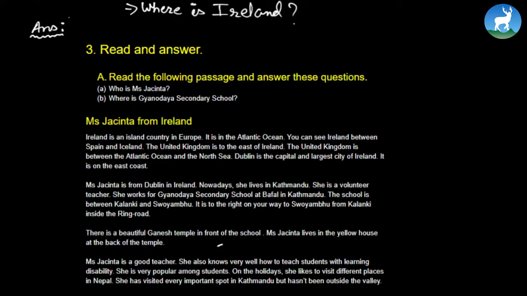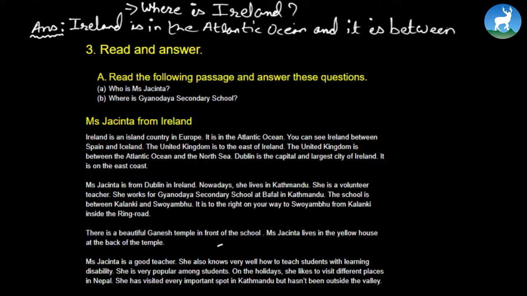Now let's write it down. Ireland is in the Atlantic Ocean and it is between Spain and Iceland. Now see, our answer has changed. This is because we have redefined our answer after reading the passage.